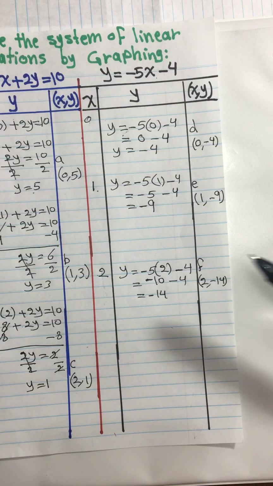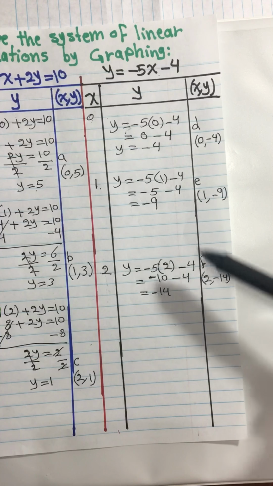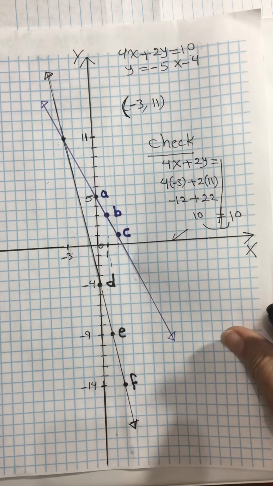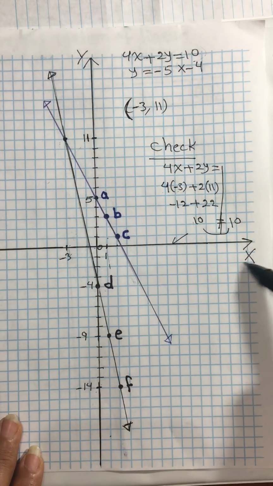And the same thing I can do for the second equation, D, E, F. I can graph it in the same XY plane. So right here, I have this XY plane.